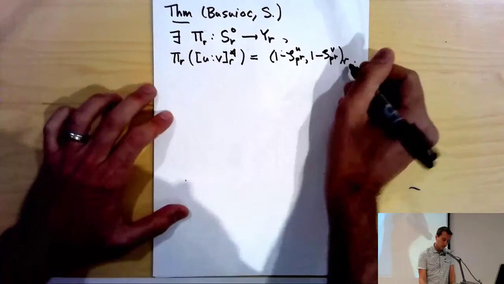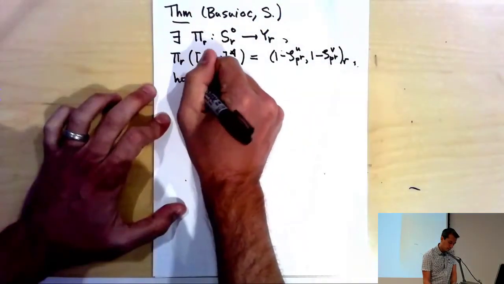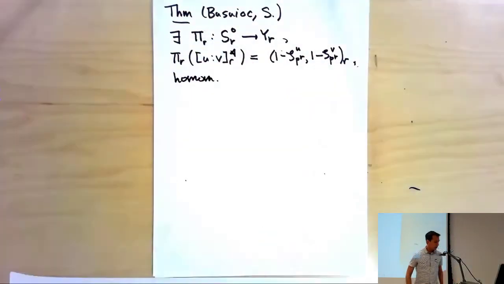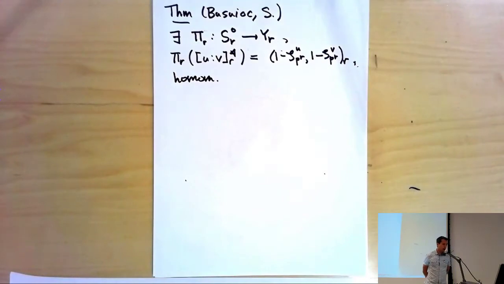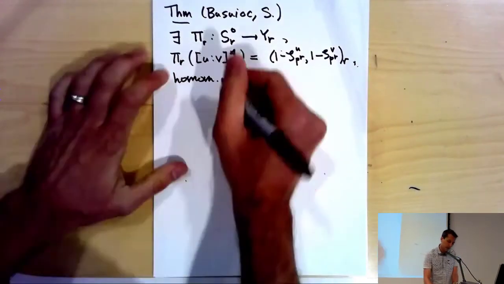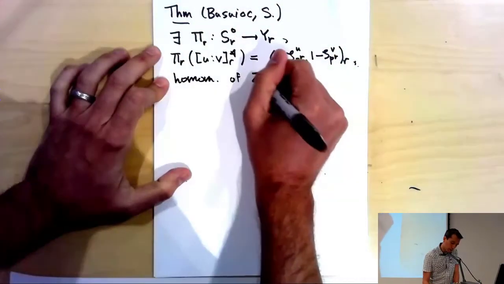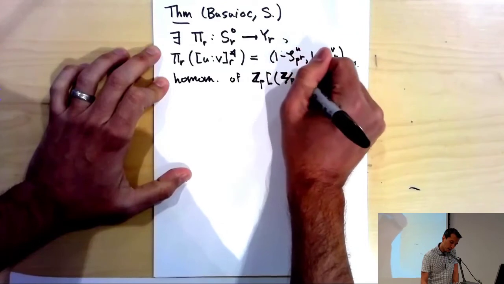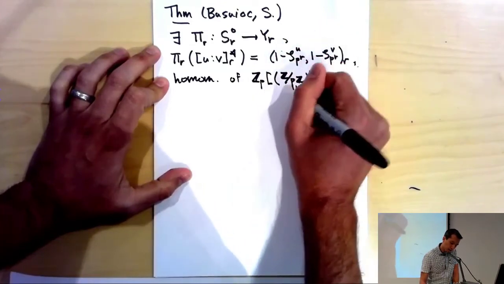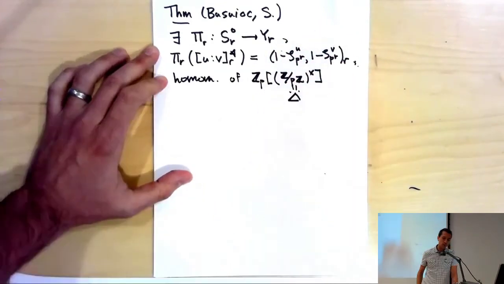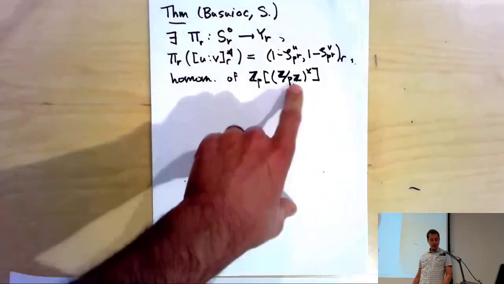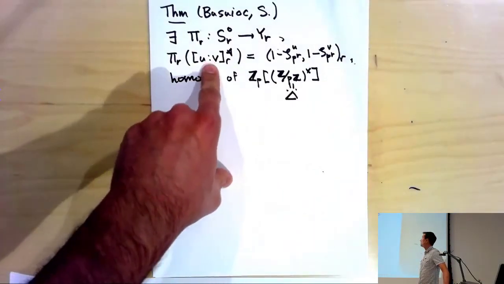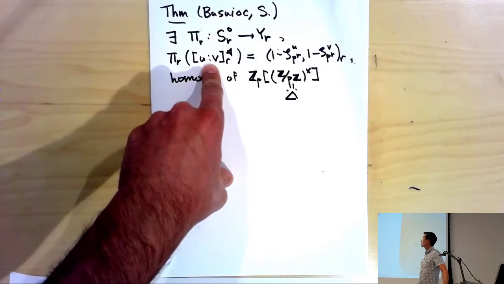A homomorphism. In fact, it's a homomorphism not just of Z_p modules, it's a homomorphism respecting the action of delta on both sides. Delta, remember, was this group. So what was the action of delta here? The action here is by the inverse of diamond operators.